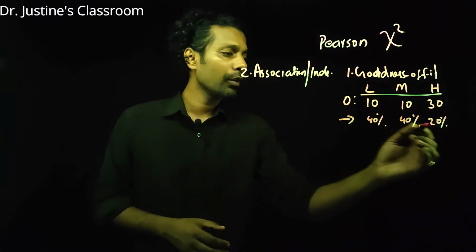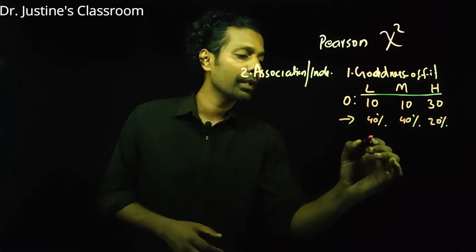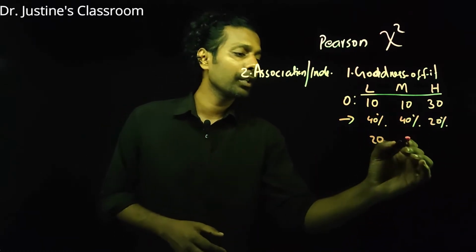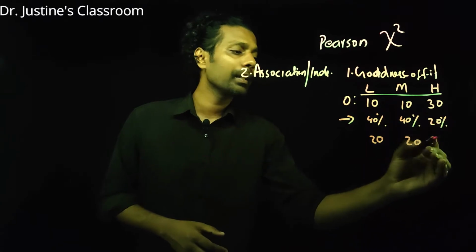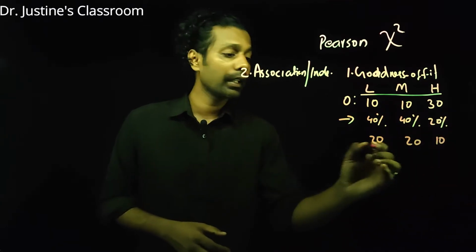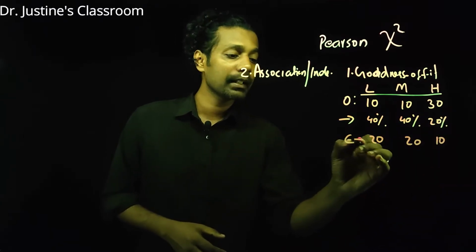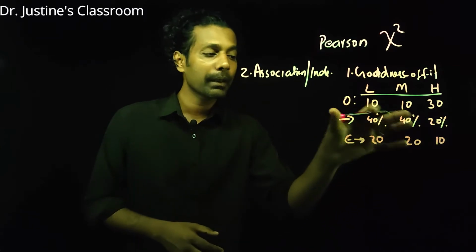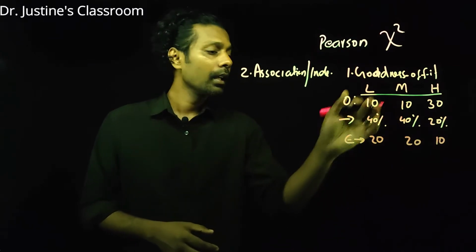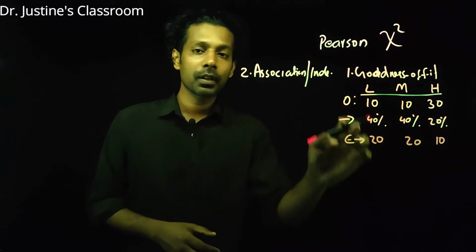Out of 50, 40% will be 20 students here, another 40% will be 20 students here, and 20% will be 10 students here. This is the expected frequency if they follow a pattern like this. And this is the observed frequency.